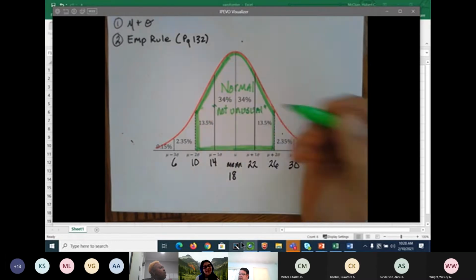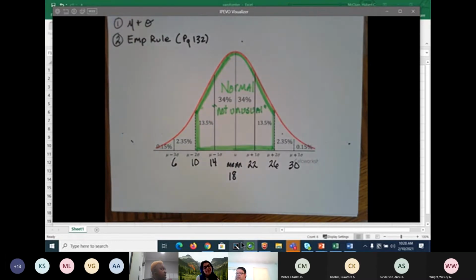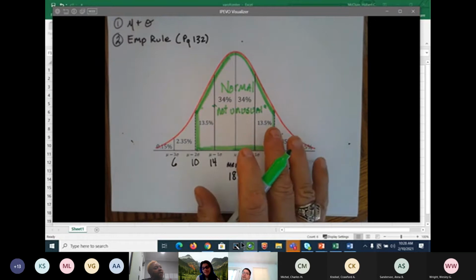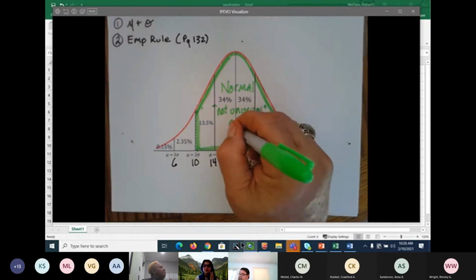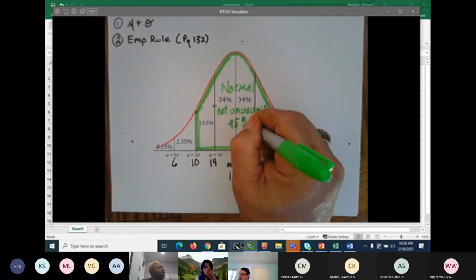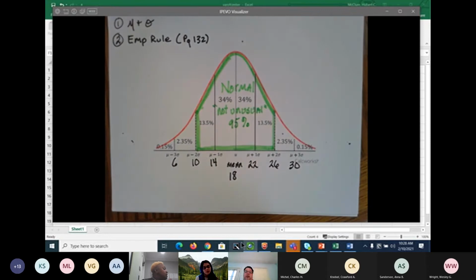Not unusual. I don't even know if I spelled that right, but y'all can spell it right. Not unusual. That is 95% of the population. Now write that down because I'm going through the empirical rule with you so you understand. The empirical rule, the normal curve, the standard deviation, the 5-number summary, that's all test. These are all test questions that I'm going to test you on.